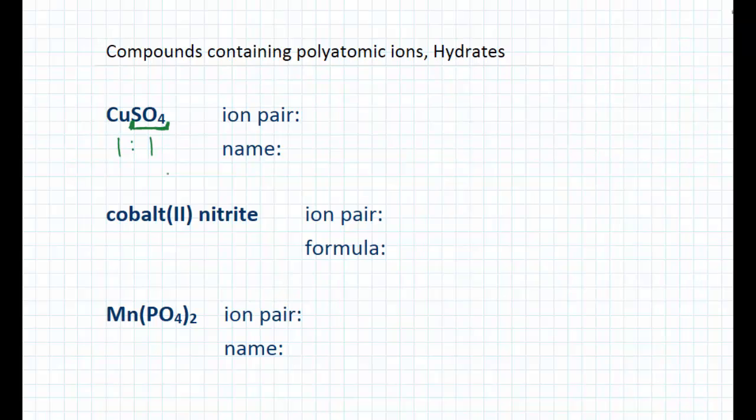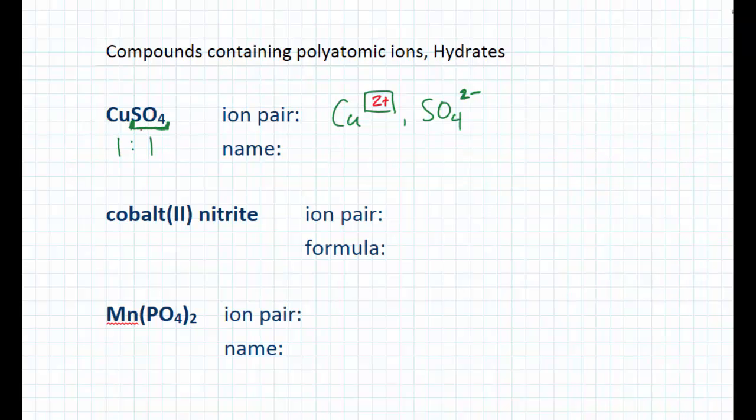So we have to break up what the actual ions are. So copper, variable charge. SO4, though, from your list, we know has what charge? SO4 from our list, we know has 2 minus, just like regular S2 minus does. Because it's a 1-to-1 ratio, what copper charge do we have in this case? Yeah, we got 2 plus.